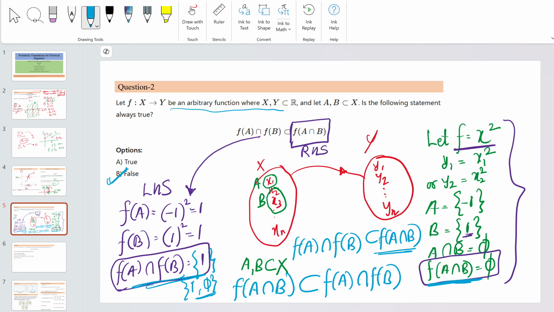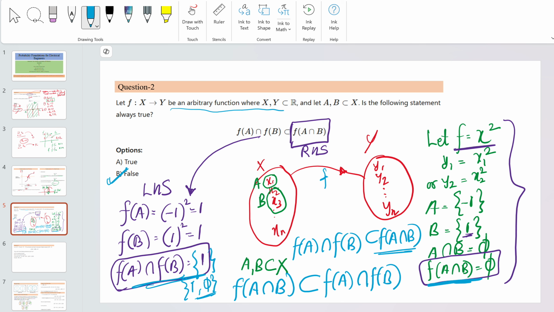This can be simplified by considering a function arbitrarily. Here there is a set of pre-images, x1, x2, x3, up to xn, and there is an image set, y1, y2, y3, and there is a function f which governs these images.